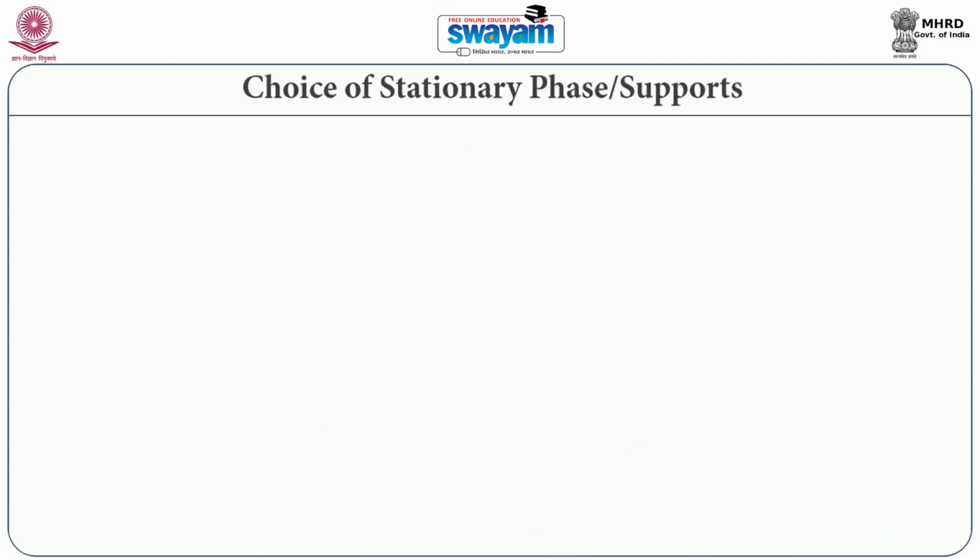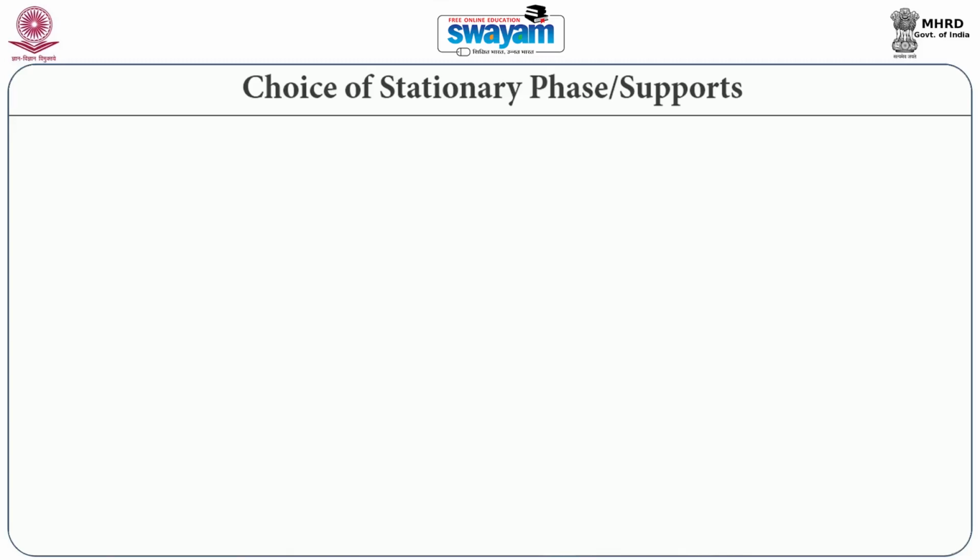Now we have, as we discussed, the first step after the extract of your interest has been prepared, which is the stationary phase, and the support on which the stationary phase will be coated in a TLC experiment.